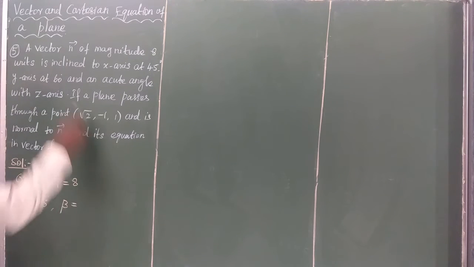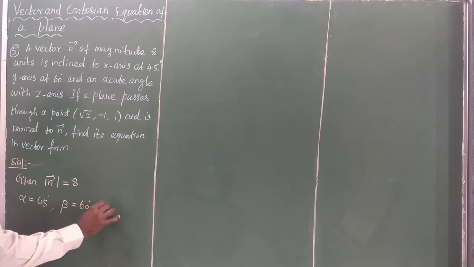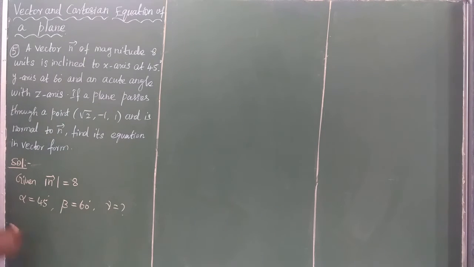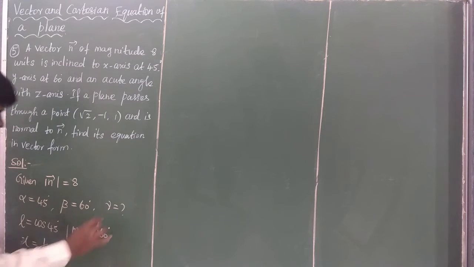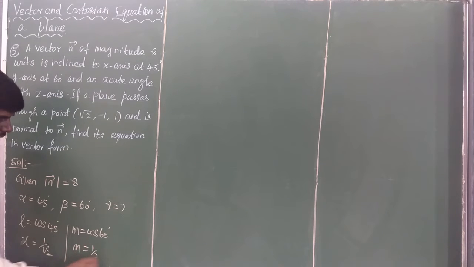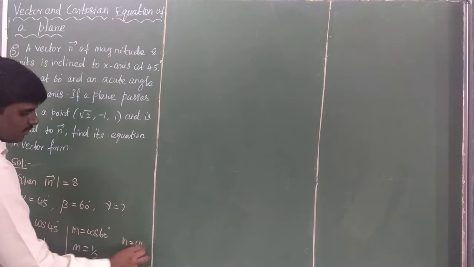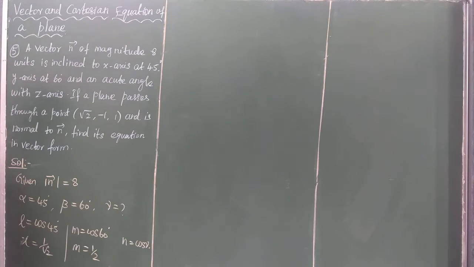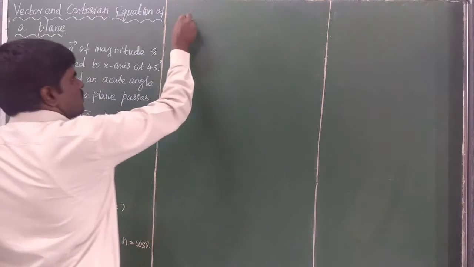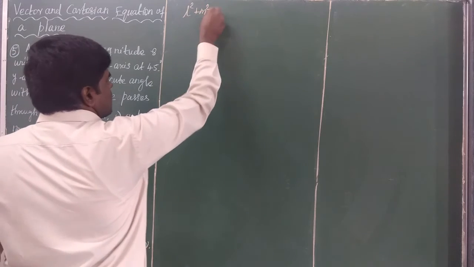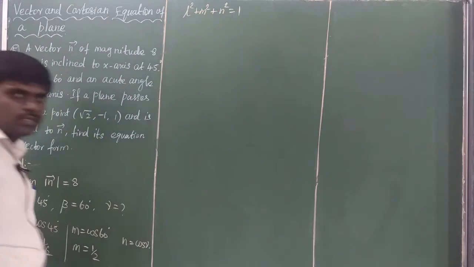Beta is 60 degrees, and we need to find gamma. So l is cos 45 degrees, which is 1 by root 2. Similarly, m is cos 60 degrees, which is 1 by 2. Again, n is cos gamma, that is the n value. We know the formula l square plus m square plus n square is equal to 1.